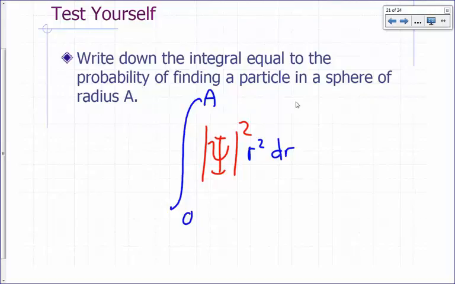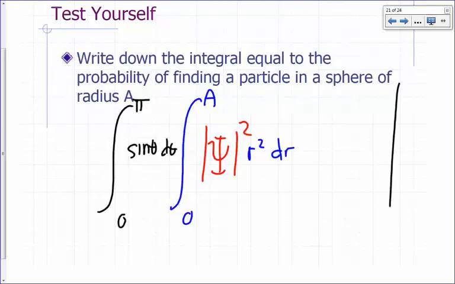So whatever the result, we multiply by sine theta and integrate over theta from 0 to pi. Remember, your theta only goes from 0 to pi. And then after that, you get an expression that just depends on phi. So you integrate over phi from 0 to 2 pi.